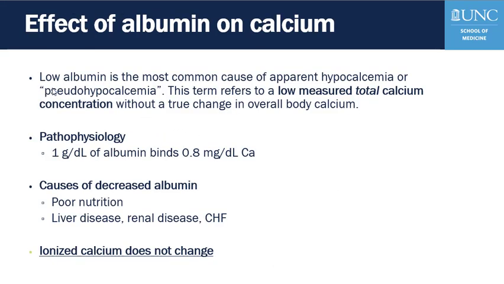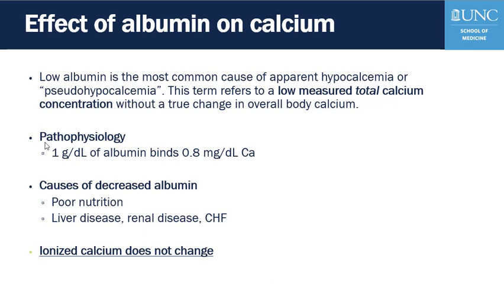Since about half of the ECF calcium is bound to protein or albumin, it's not surprising that changes in albumin would affect the measurement of calcium. So low albumin is one of the most common causes of pseudohypocalcemia. This term refers to a low measured total calcium concentration that occurs because of low albumin without any true change in the body's overall calcium status.